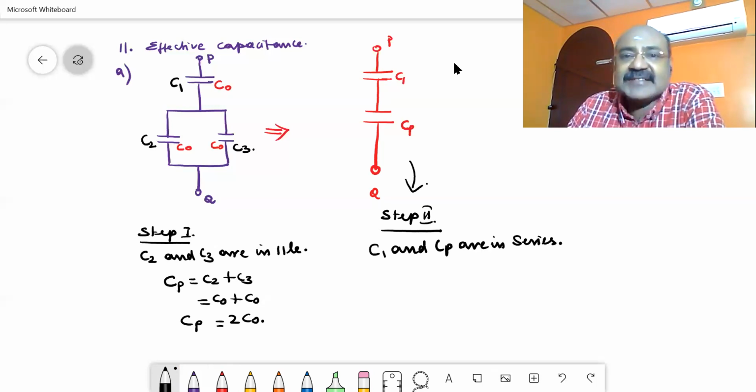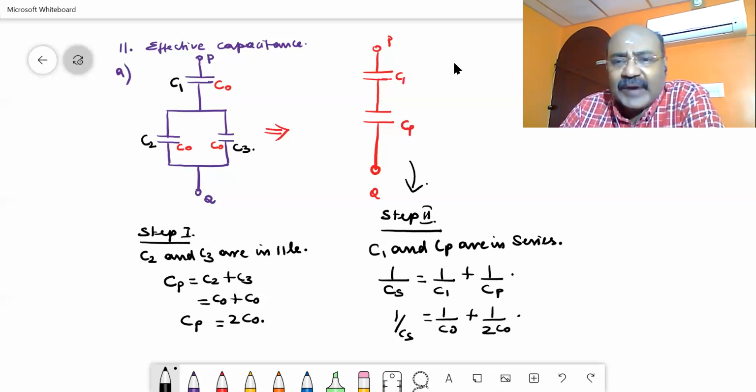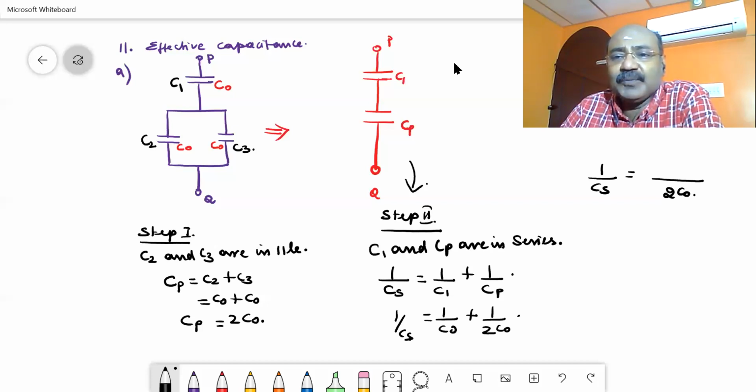If C1 and Cp are in series, then you can write 1 divided by Cs is equal to 1 divided by C1 plus 1 divided by Cp. What is the value of C1? 1 by C0 plus, what is Cp? 1 divided by 2C0. This is 1 by Cs. Taking 2C0 as the LCM, you will get 2 plus 1.